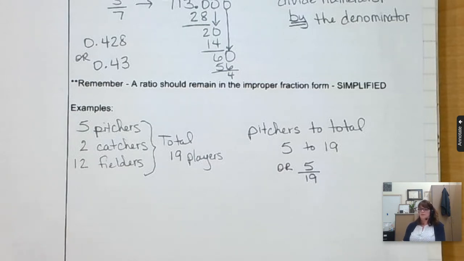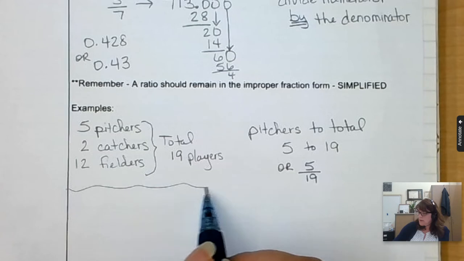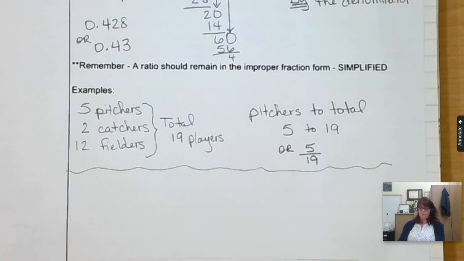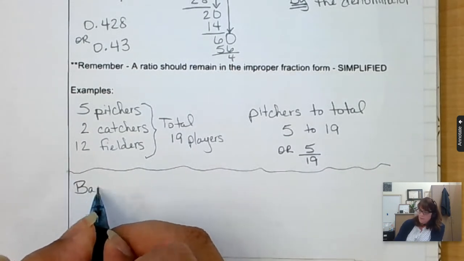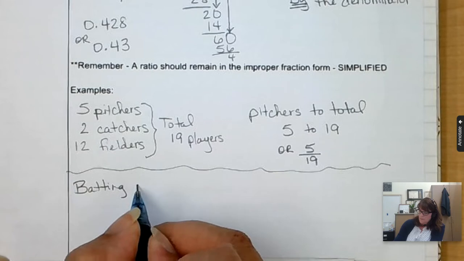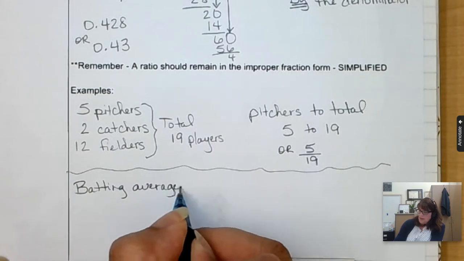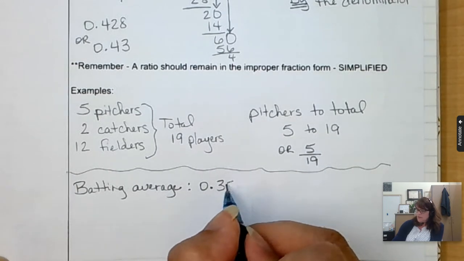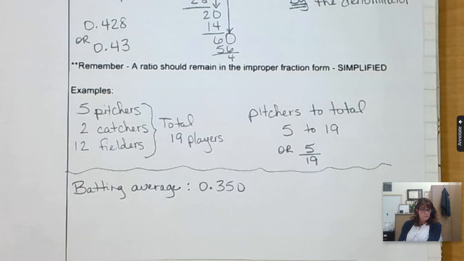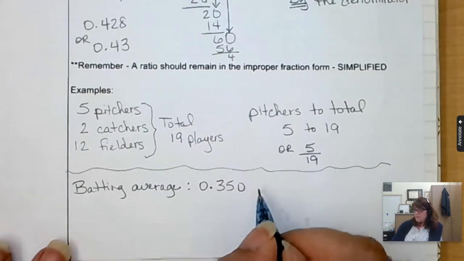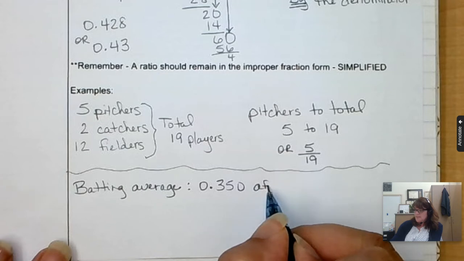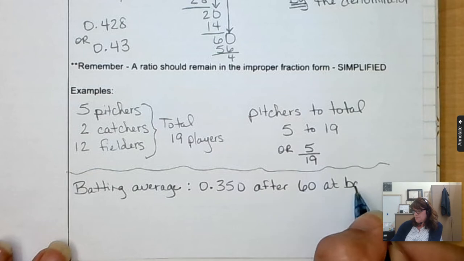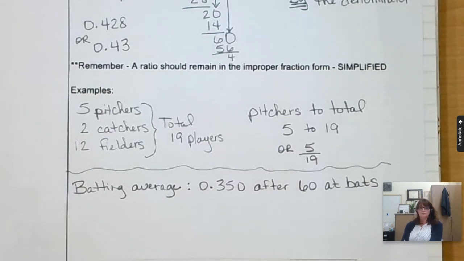Now, the next example is one of my favorites because it's a good example of that numbers are only good or bad depending on what we're using them for. So if I told you that this person had a batting average of 350 and they had 60 at bats, okay?